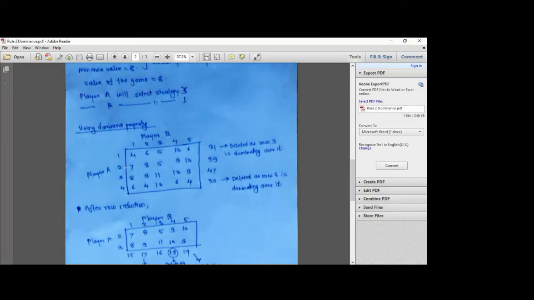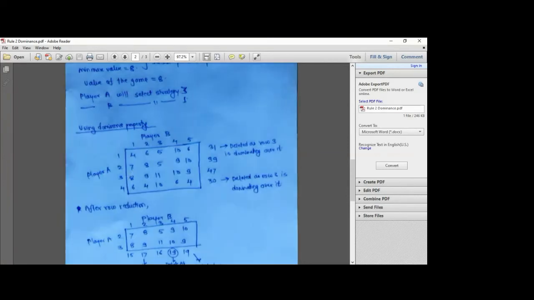The other rows, meaning right now there are only two rows, since row 4 was already deleted. So here we check: 4 is less than 7, 6 is less than 8, 5 is equal to 5, 10 is greater than 9, and here 10 is greater than 6. So there is no complete dominance, because up to here these were smaller, but in between a bigger one came, and again here a bigger one came, so there is no complete dominance.